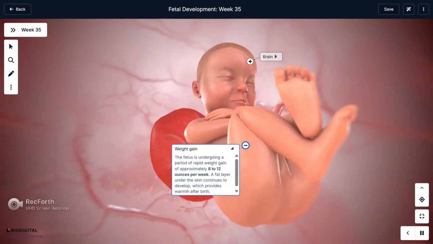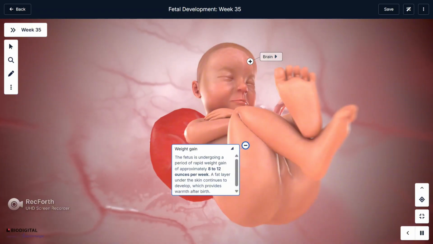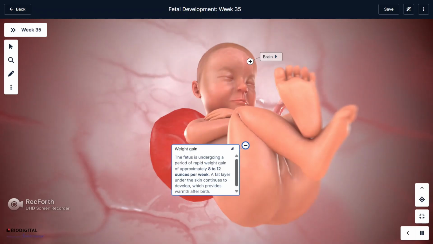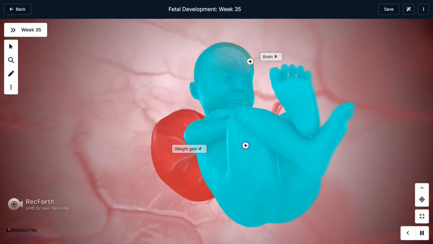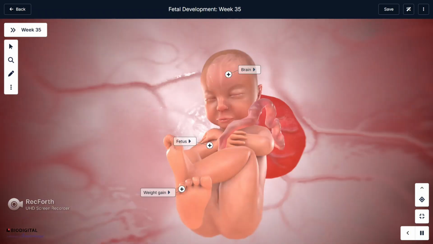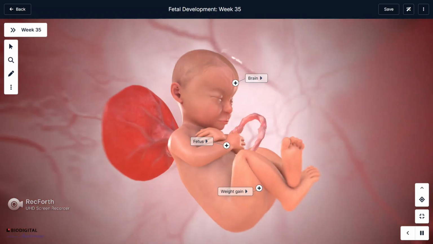The fetus is undergoing a period of rapid weight gain of approximately 8 to 12 ounces per week. A fat layer under the skin continues to develop, which provides warmth after birth. And this is now the fetus by week 35.